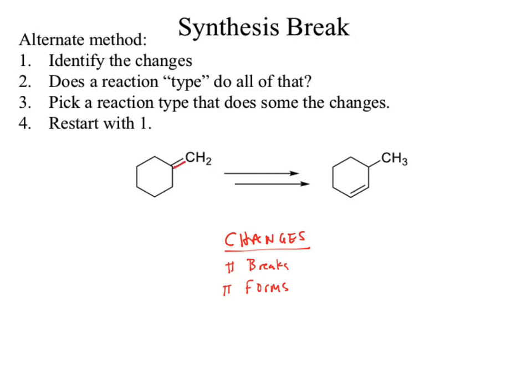What else? The carbon gets hydrogen. Say that again? The carbon gets hydrogen. What do you mean? The one that's originally double bonded, it gets another hydrogen. Okay. We're making that hydrogen bond. I'm just going to say H make. Is that the one you were talking about?